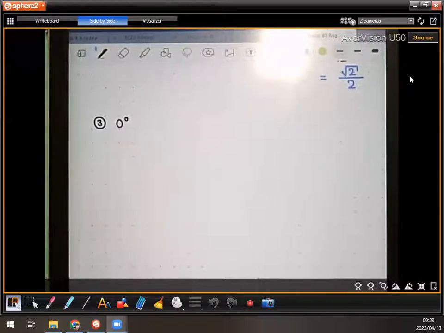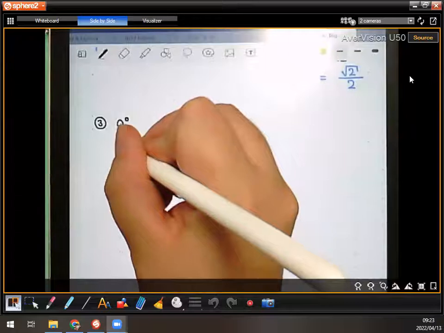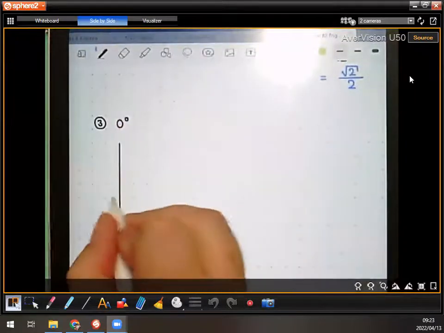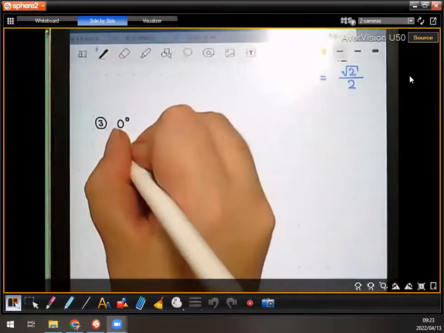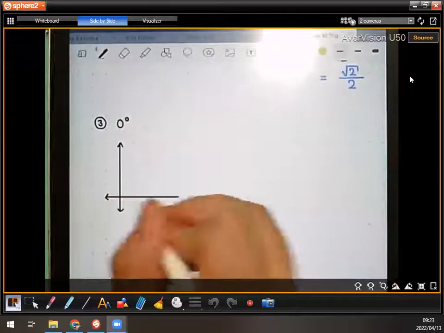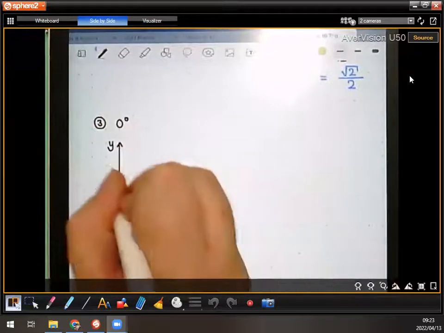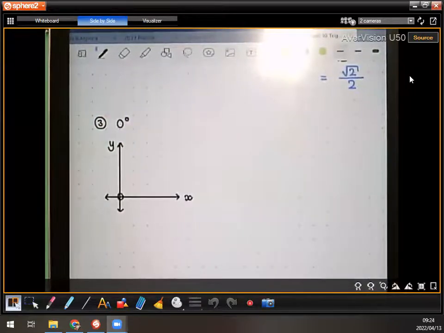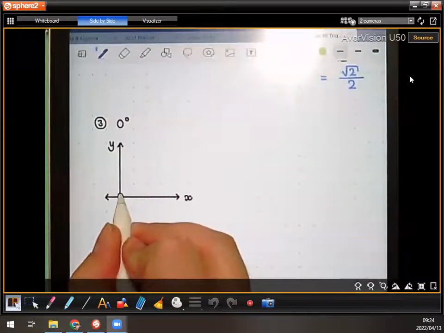So now, guys, you're just going to have to bear with me on this one. I want us to draw a Cartesian plane, just a small one. Yes.